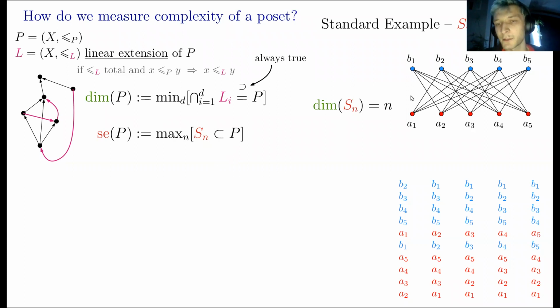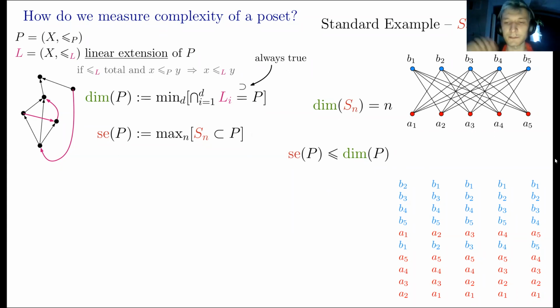So if I have an incomparability, then it should be an incomparability also in this P, because otherwise we don't have this. We don't have monotonicity of the dimension, and we like monotonicity of the dimension. So by monotonicity of the dimension, we have the standard example number bounded from above by the dimension.